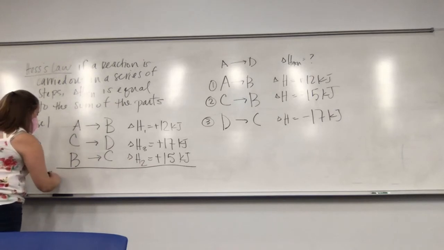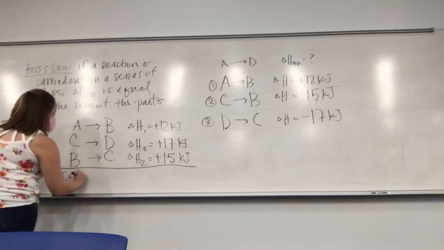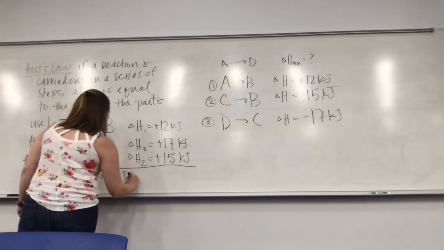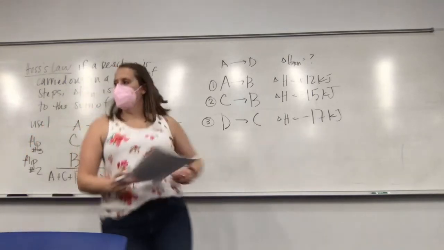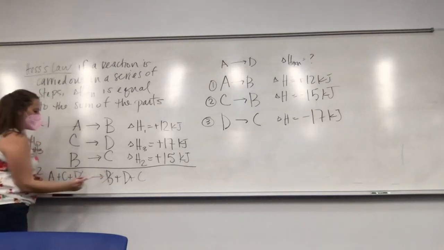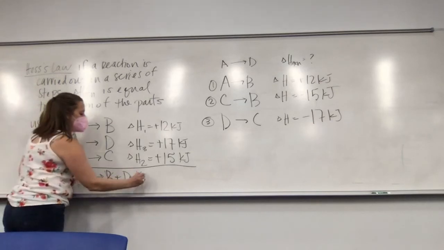So now we can sum this up. We get A plus C plus B gives me B plus D plus C. If we remember our spectator ions, anything we see on both sides can go. So we see a B on both sides, and we see a C on both sides.